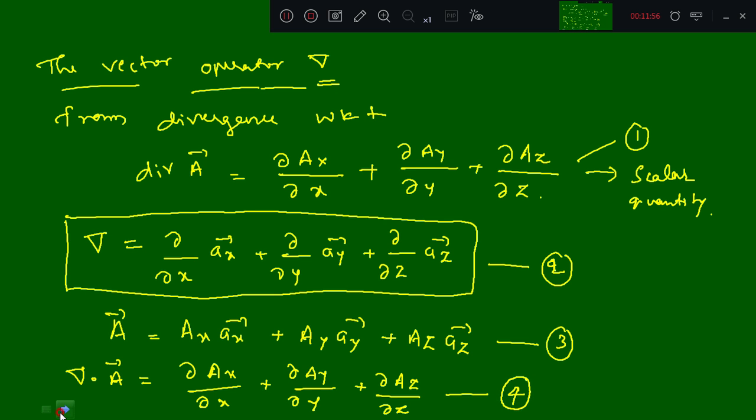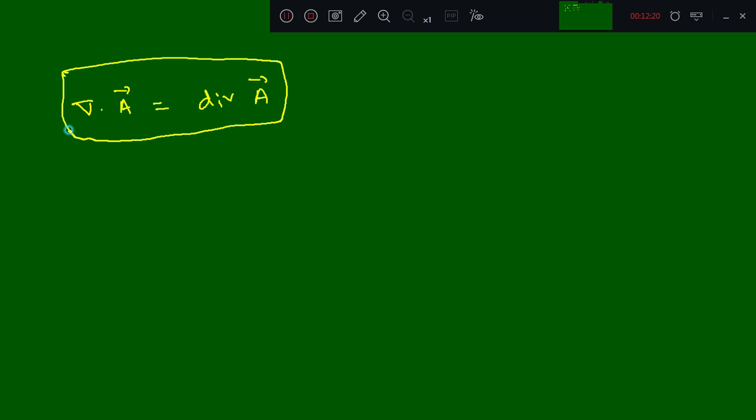We can equate equation number 4 like this: del dot A is nothing but, this almost resembles, the divergence of A. So if I make the operation del dot A, I am going to get a scalar quantity.